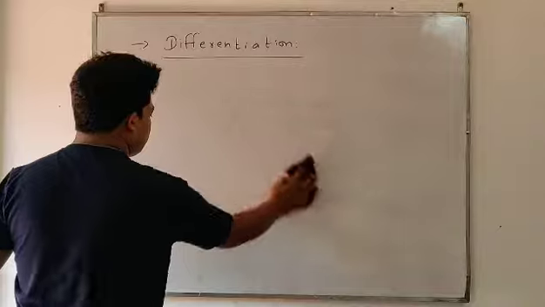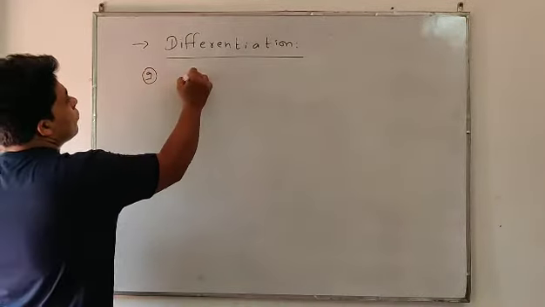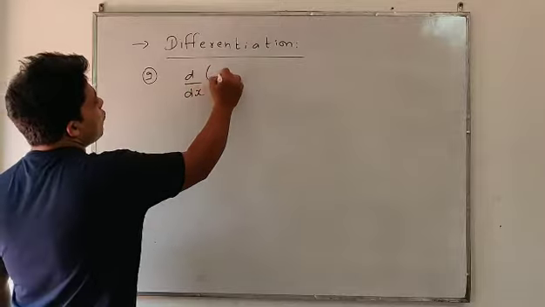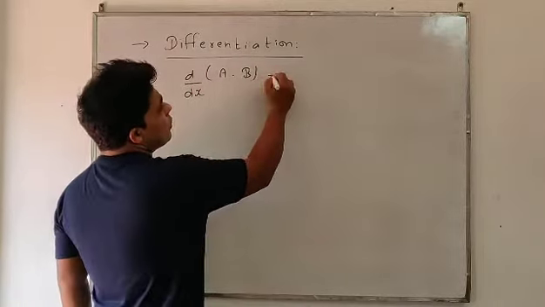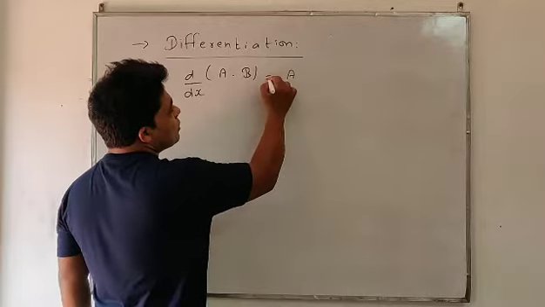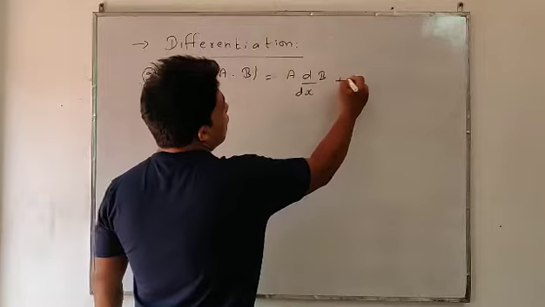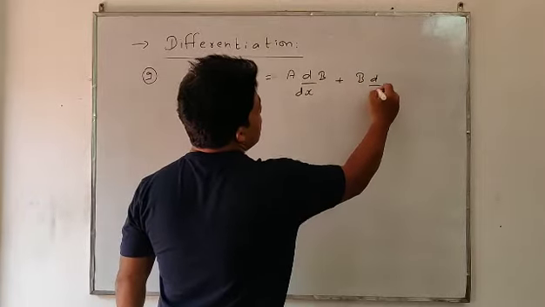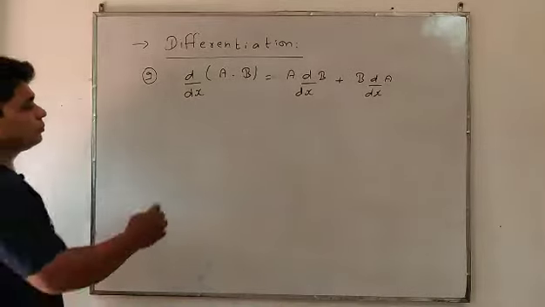Now students, what happens if two components are in multiplication? d by dx of a into b. In that case, first function as it is, differentiate of second, then second function as it is, differentiate of first. I will give an example on that.